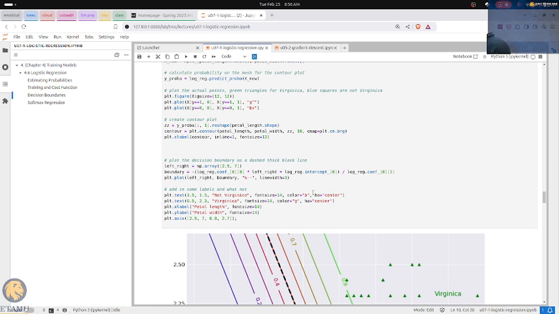The things that remain: one of the big ones is that often we have problems that are multi-class. Even the iris data set here, we turned into a binary classification task, but really what we would like is a model that can predict one of the three different flower types. It was Virginica, Setosa, and a third class. I can't remember the name in the iris data set.